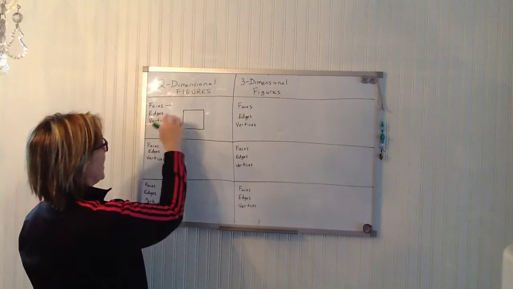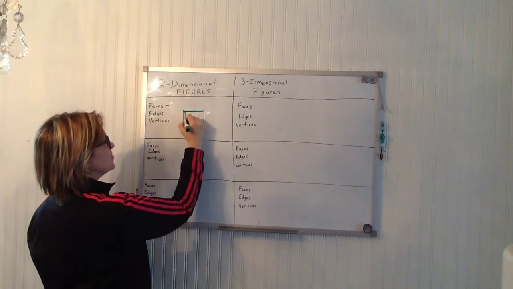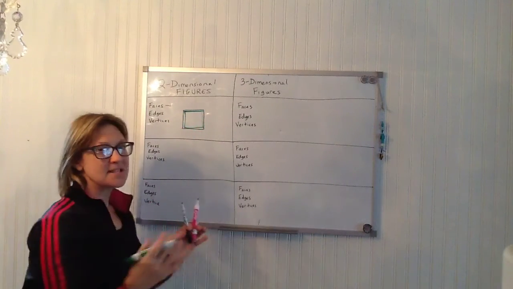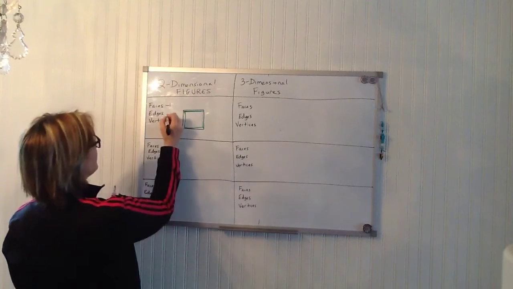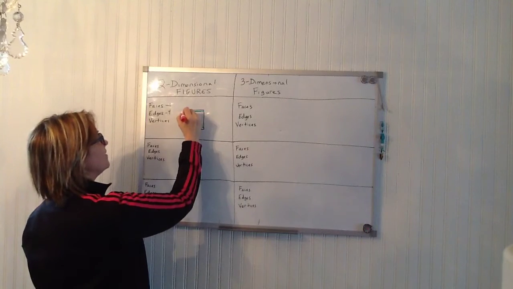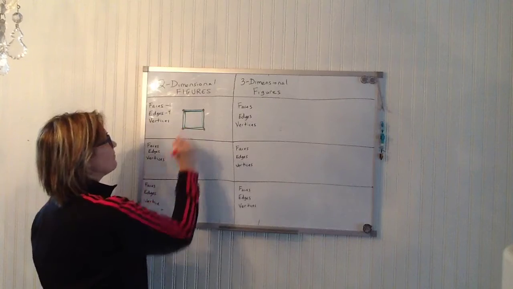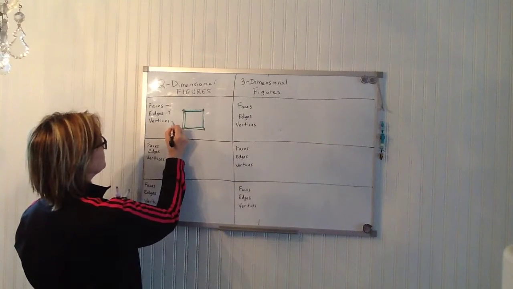So my edge would be this here, that's 1, 2, 3, 4. So those are the segments that make up this particular polygon. So I can see I have 4 edges. And then I have 1, 2, 3, 4 vertices. And that's where our edges come together.